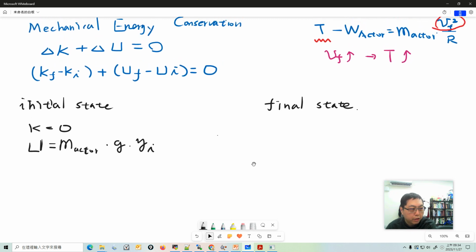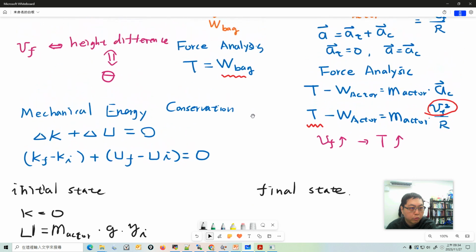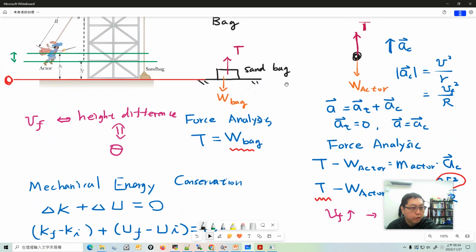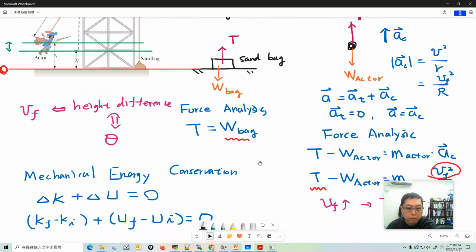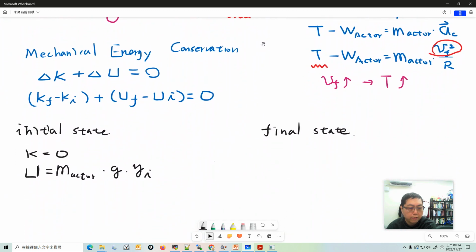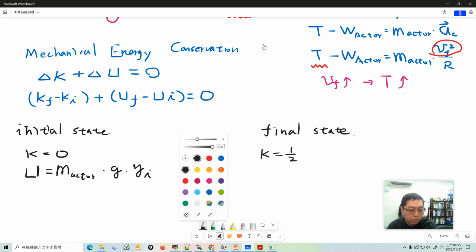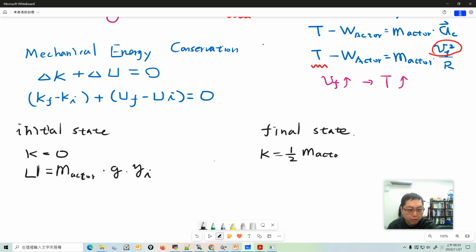And what's the final state? When it swings from i to f, it carries a velocity Vf here. So its kinetic energy is 1 over 2 m actor times Vf squared.